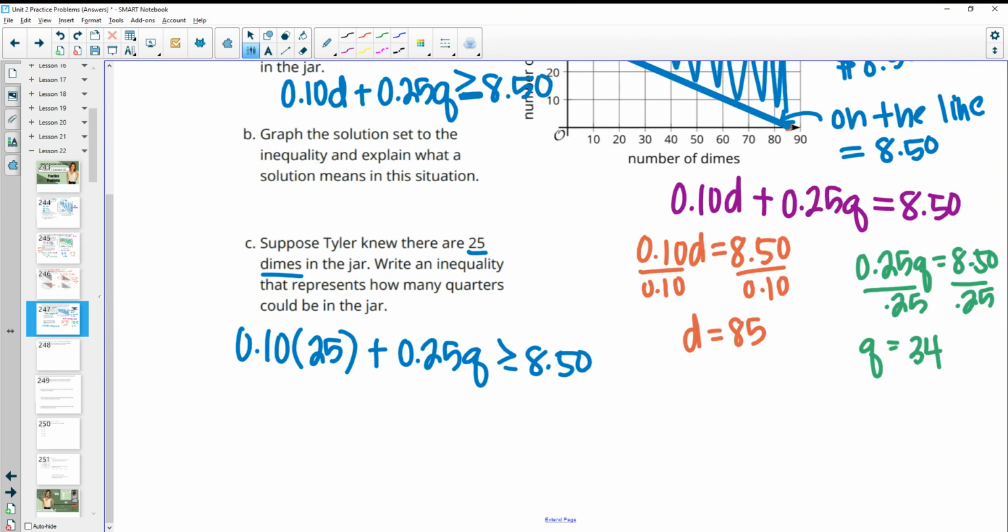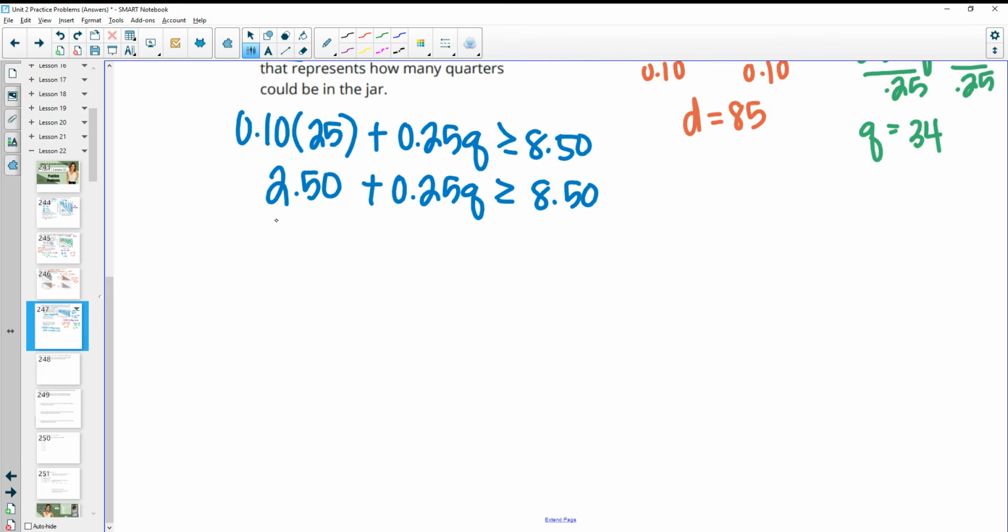So 10 cents times 25 dimes means we have $2.50 in dimes. And then we're looking for how much our quarters would need to be. So we can just take that $2.50 out of our total, so basically subtracting $2.50 from both sides. And we find out that our quarters need to be greater than or equal to $6.